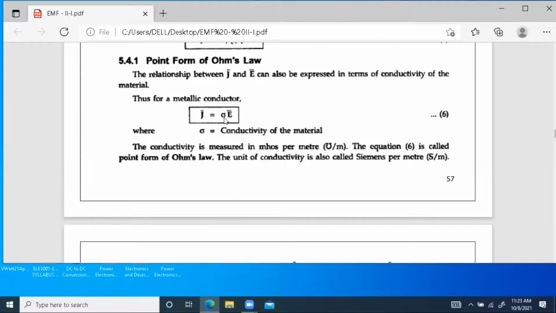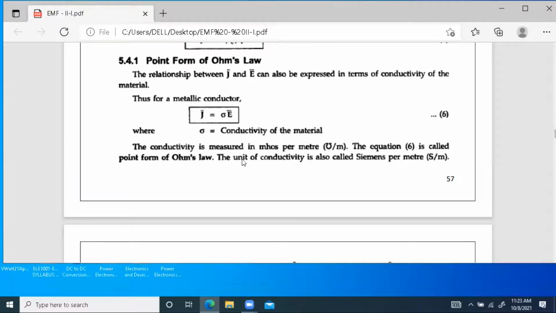The conductivity is measured in mhos, which is 1/ohms. This is what is known as the point form of Ohm's law. The V equals IR comes from this.